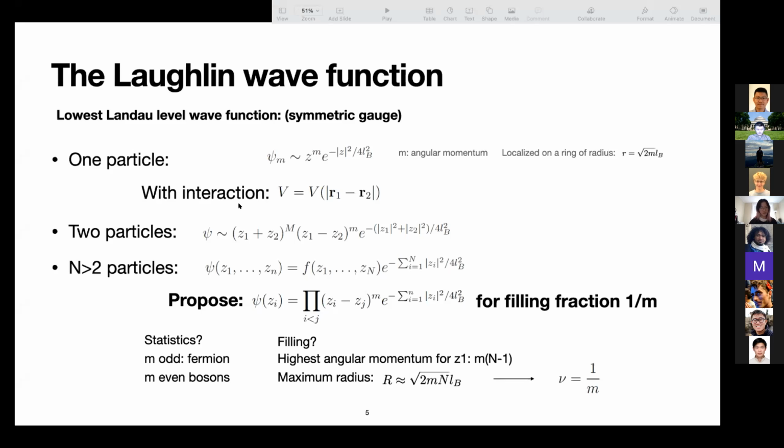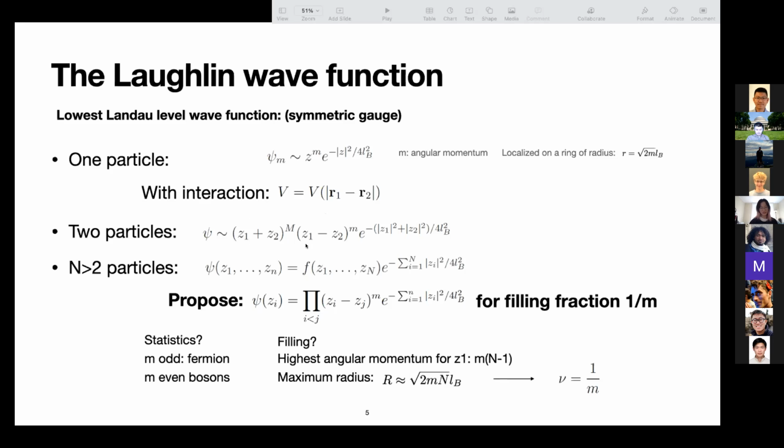With the interaction between two particles, we can consider the ground state wave function of the two particle states. Luckily, if we decompose the coordinates into a center of mass and a relative displacement and solve the Hamiltonian with this interaction, we can see the two particle state is actually in this form.